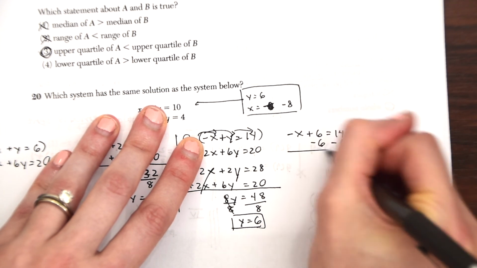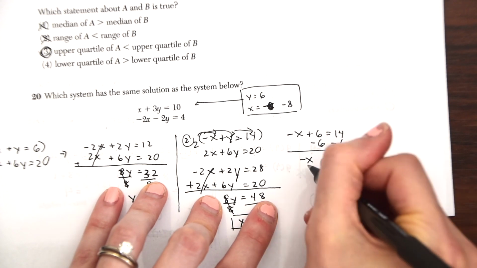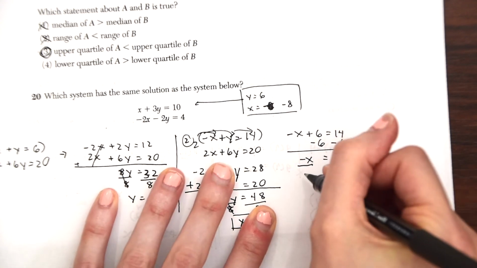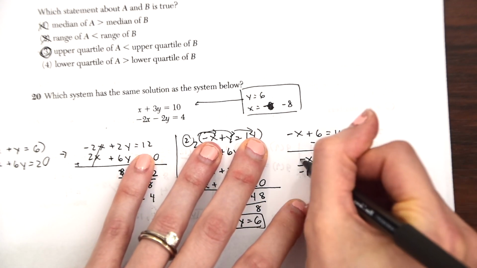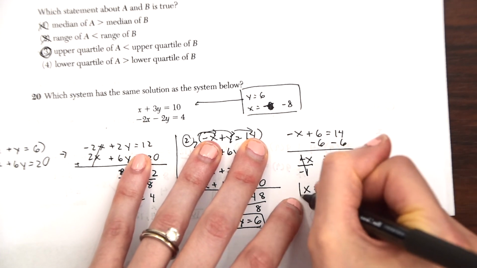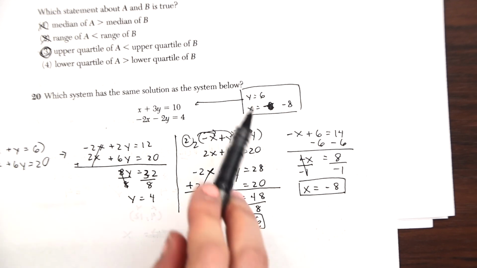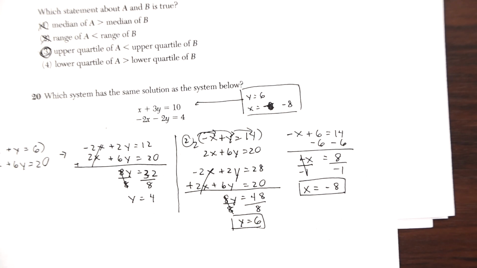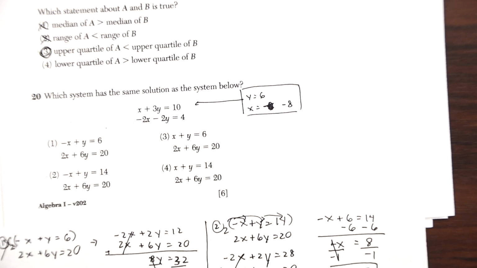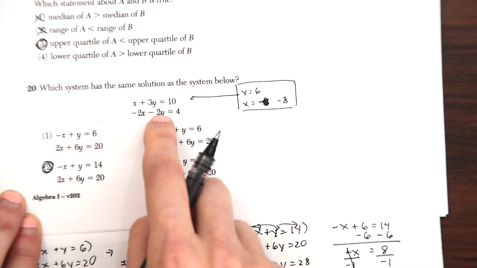Then subtract out 14 minus 6, we get 8. And then we can't have a negative x, right? So we're going to divide by negative 1. So we get x totally alone, and then we get x equals negative 8. So does this match our answer? We have y equals 6 and x equals negative 8. And it does, yeah. So choice 2 is going to match what we have up here.